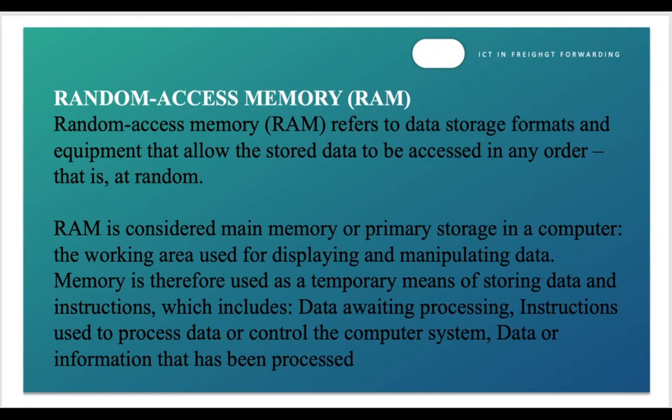It's volatile in case of a power trip or power loss. So apart from the RAM being the primary storage, there are other storage devices on which we could store this data so we do not lose it.